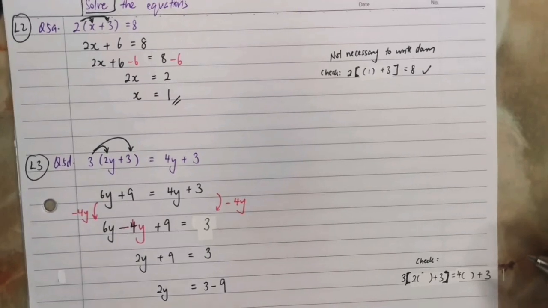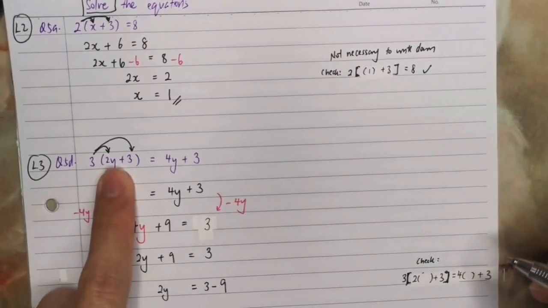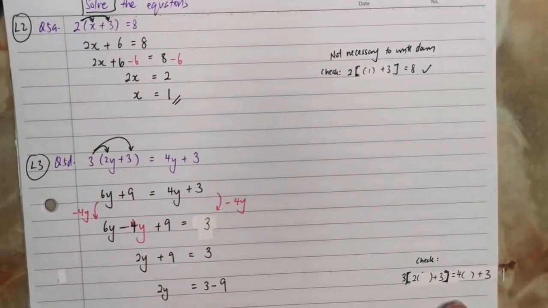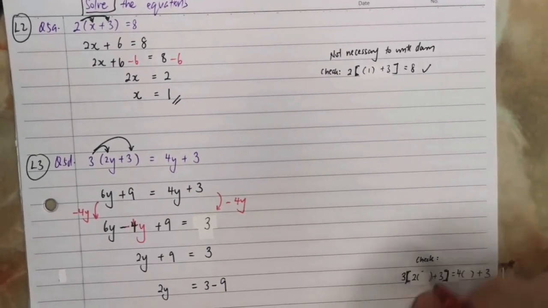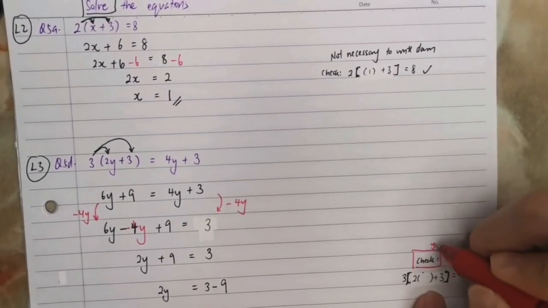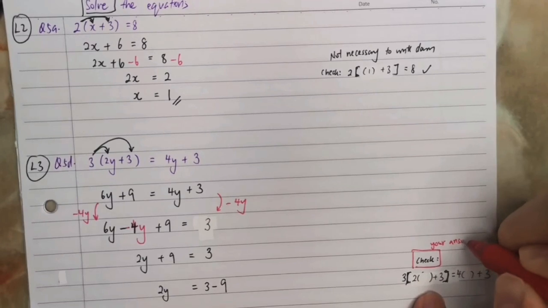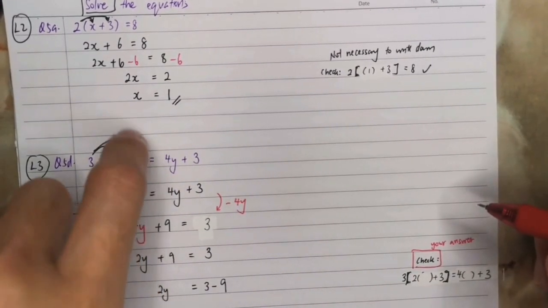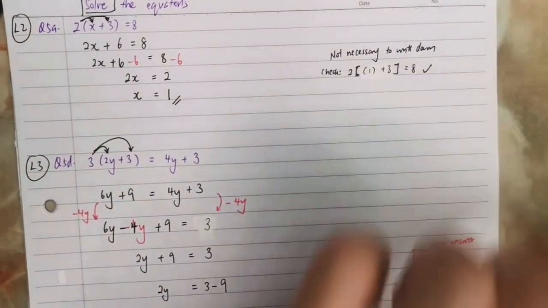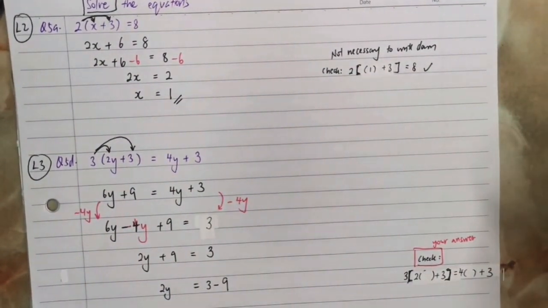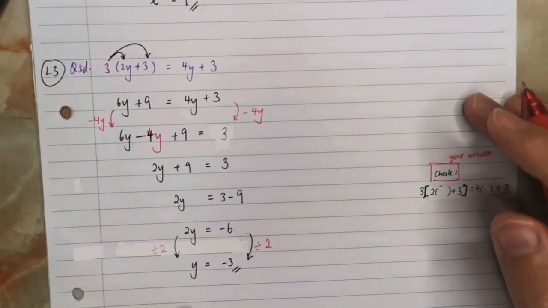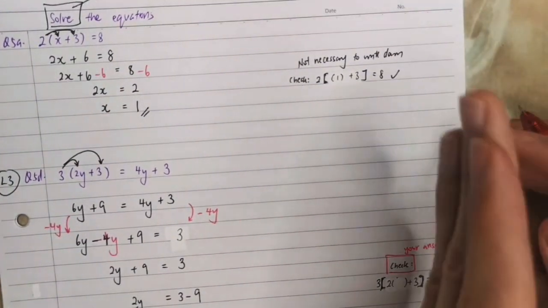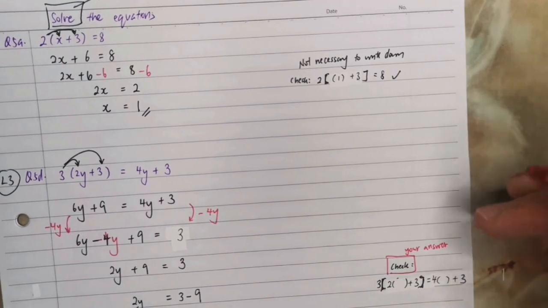Okay, so now I've replaced all the variables with brackets and I put it in. This is just for you to check your answers. It's not part of your final answer. Please don't write it right below. You will confuse the examiner. So always write it at the side of the paper.